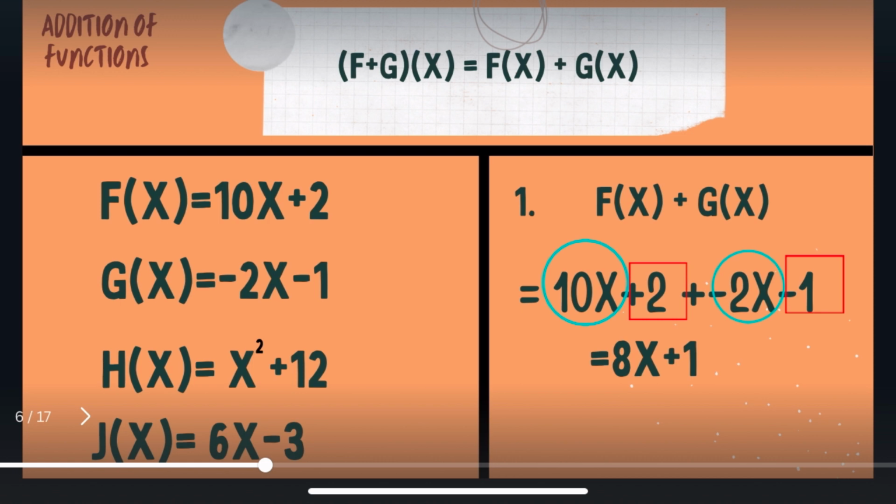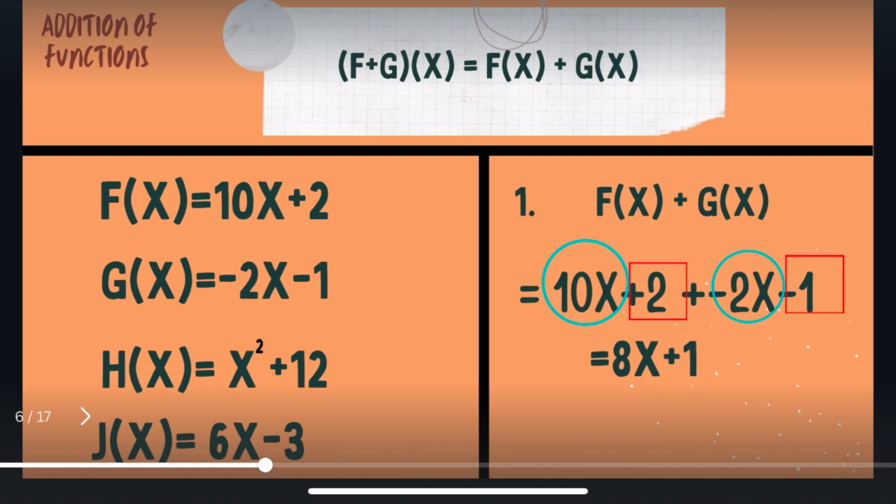Now let's move forward to our main discussion, which is the addition and subtraction of functions. Addition of functions is (f plus g) of x is equal to f of x plus g of x.